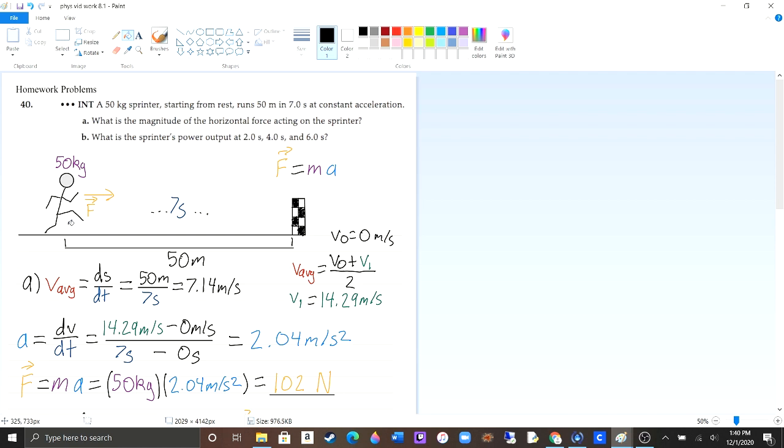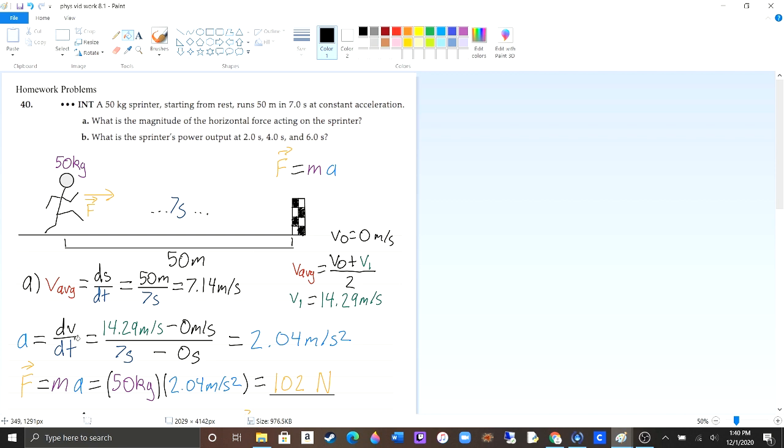So if our starting velocity is 0 meters per second, and we know that our average is our initial velocity plus our final velocity over 2, we can calculate that, and we find that our final velocity is 14.29 meters per second.